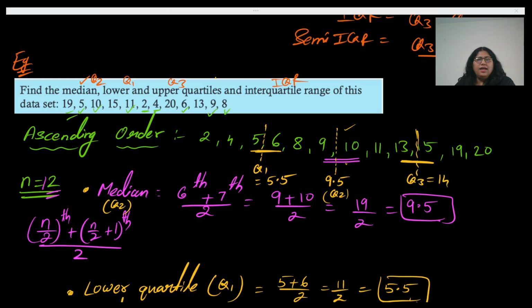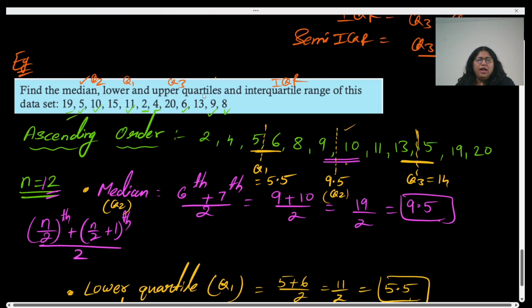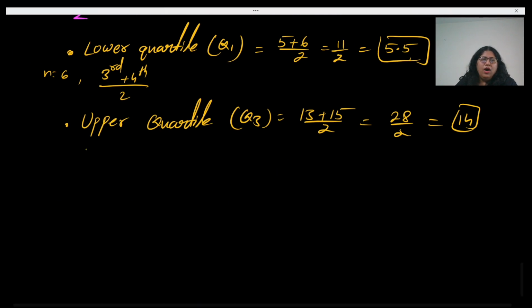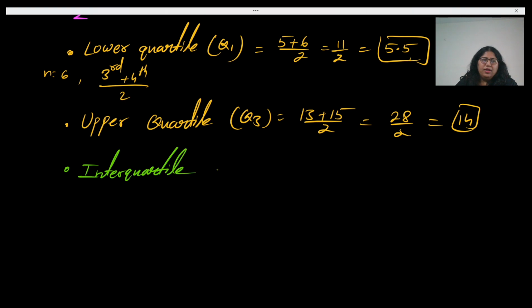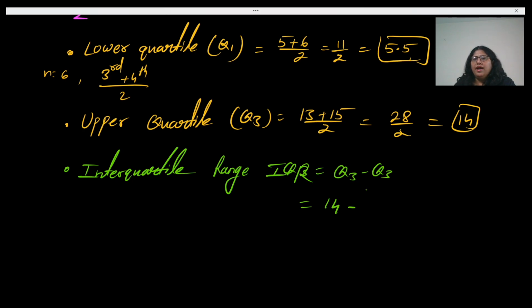So you can see that here you calculated the median, the lower and upper quartile, and now how are we going to get the interquartile range? The interquartile range, which we call IQR, we always take as Q3 minus Q1, the upper quartile minus the lower quartile.